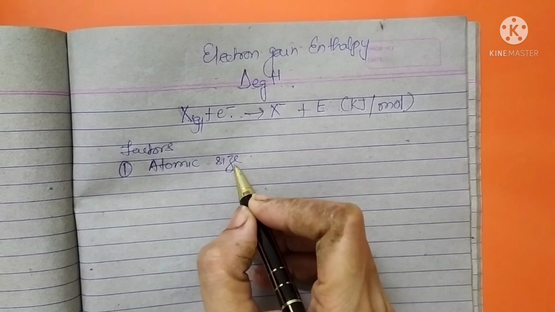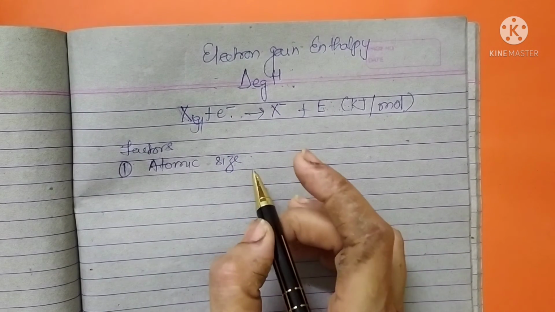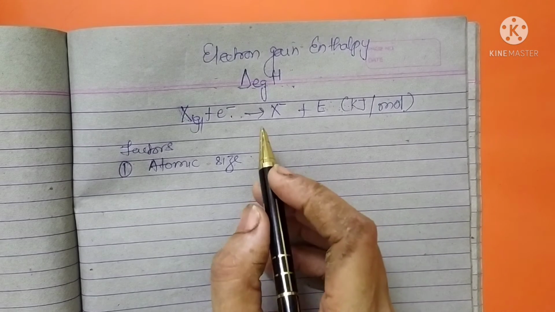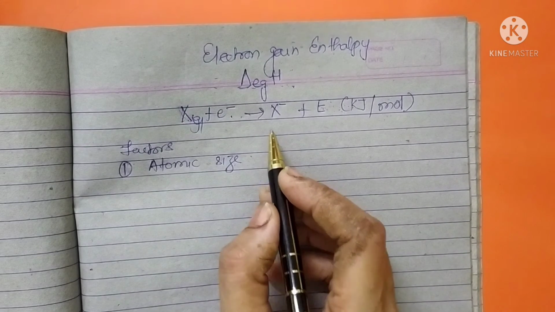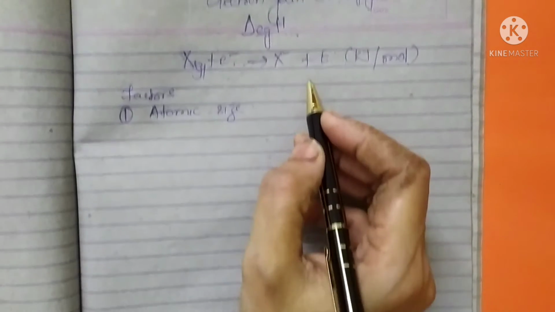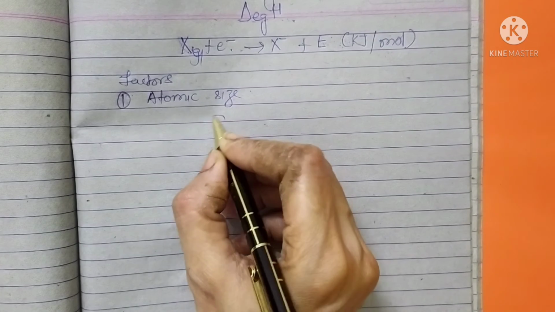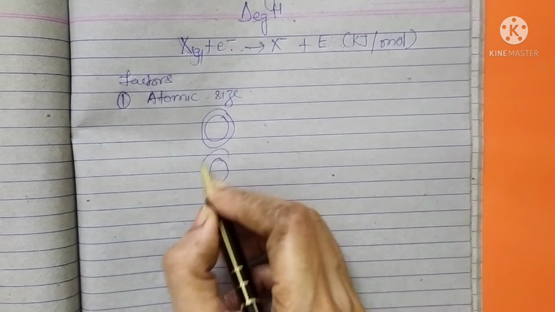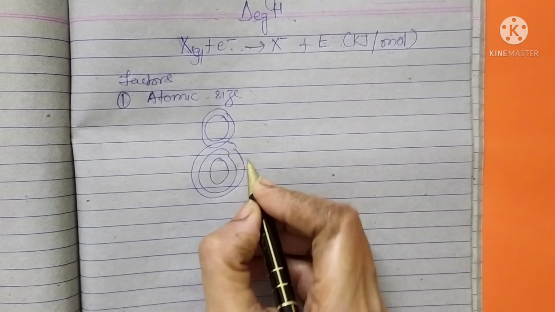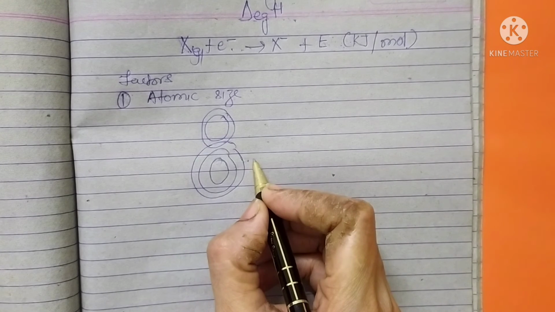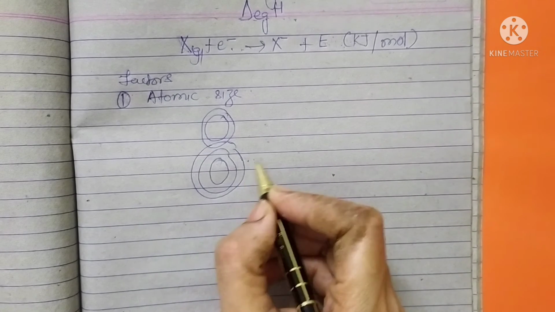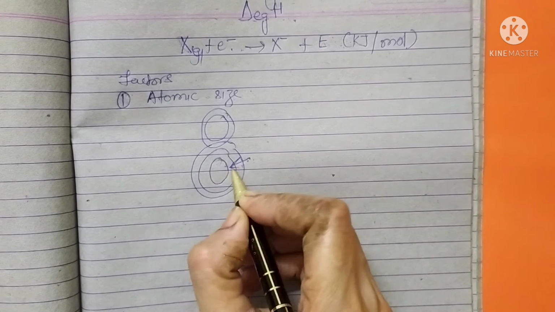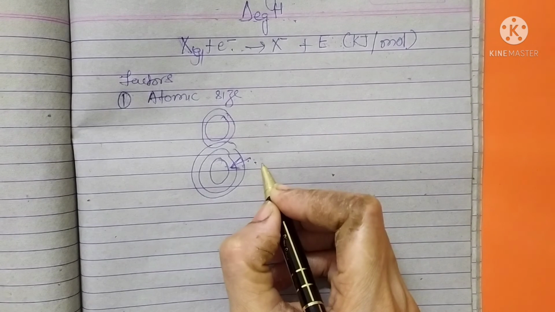If the atomic size of an element is bigger, in that case electron gain enthalpy will be less negative. Suppose one element has only 2 shells and another element has 3 shells, so it will be difficult for the bigger element to gain an electron, therefore less amount of energy will be released.